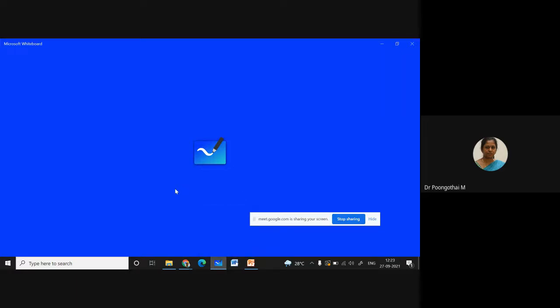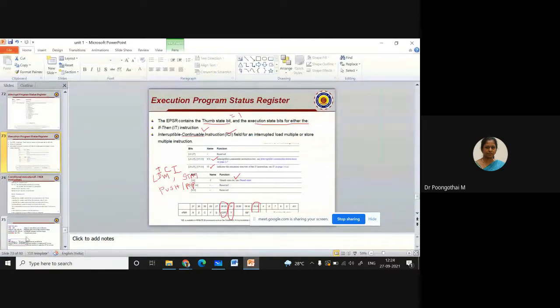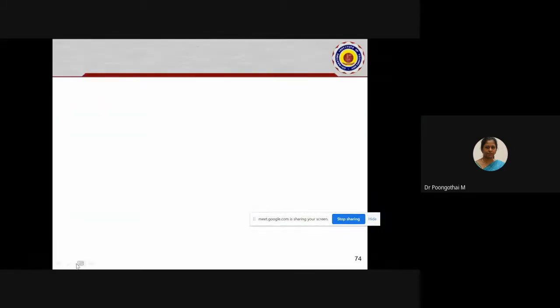Once again, the first step, please note it down: your processor stops the load multiple and store instructions.